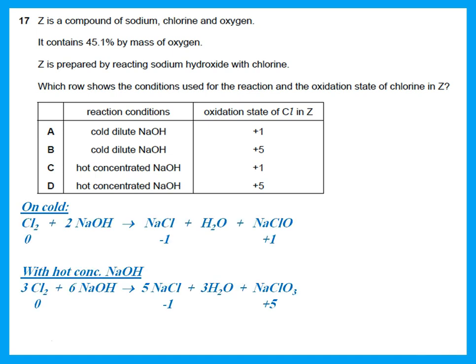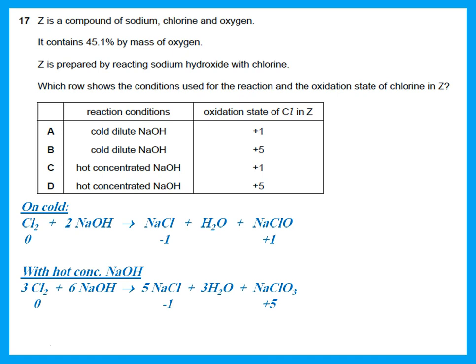They can react cold and they give these products, or with hot concentrated and they give this product. So the difference is for the cold it gives the NaClO, for the hot concentrated it gives NaClO3. Now, which one will give something that has 45.1% by mass of oxygen?